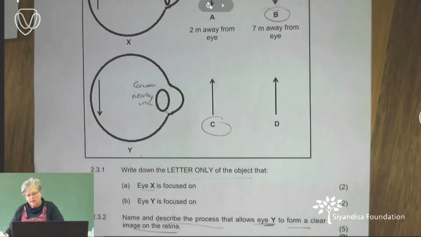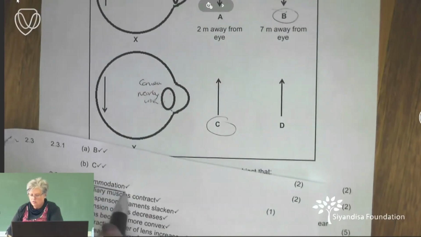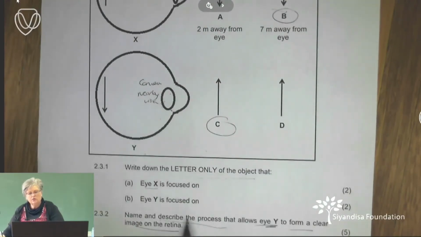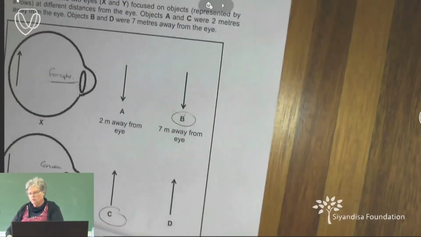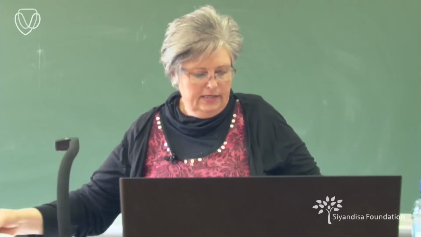So can you see the application? What they are asking you is to describe accommodation to nearby objects.